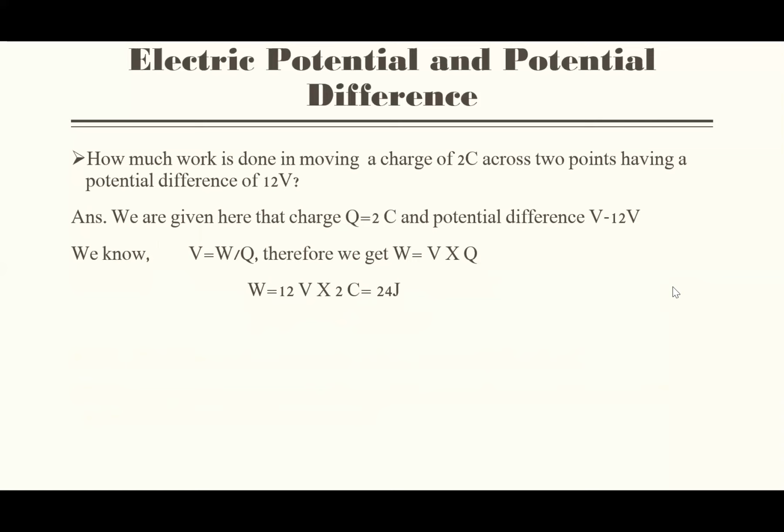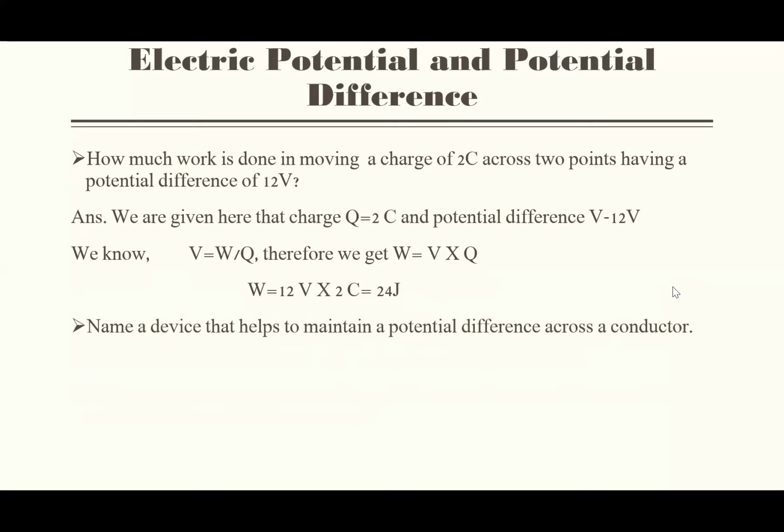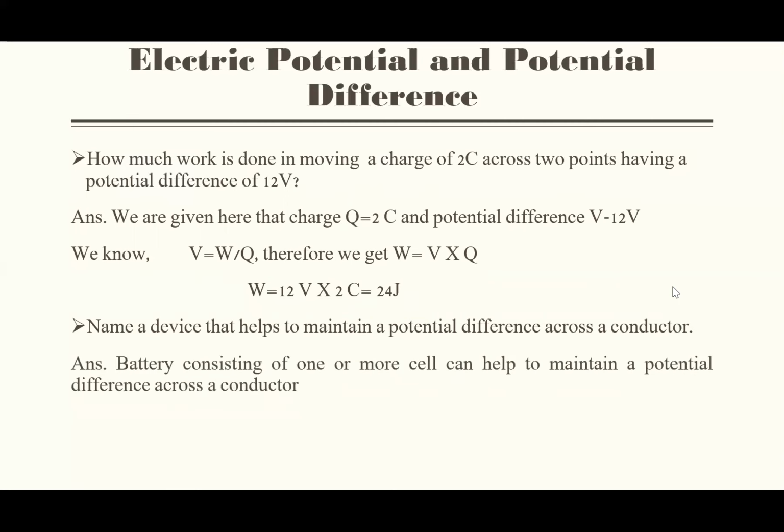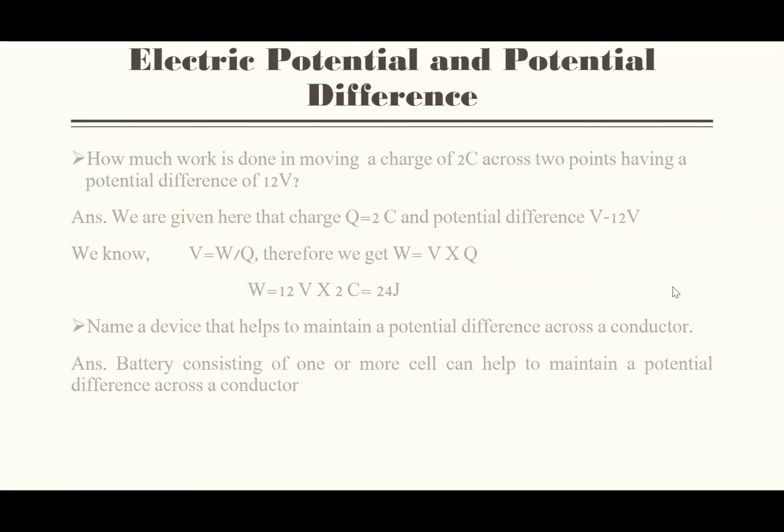You get that to be 24 joule. Name a device that helps to maintain a potential difference across a conductor. The answer is a battery consisting of one or more cells can help to maintain a potential difference across a conductor.